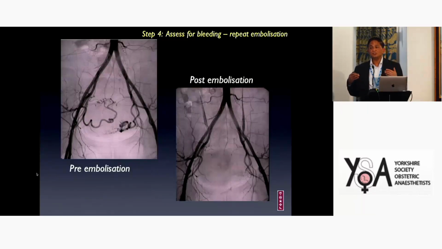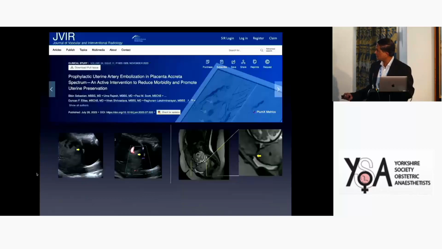If there is continued bleeding because there's placenta increta or something, or there is a decision to do a hysterectomy, then we do a massive embolization and render that entire area significantly avascular so that the blood loss is less. So it's done in stages, trying to help the abnormal placentation come out.